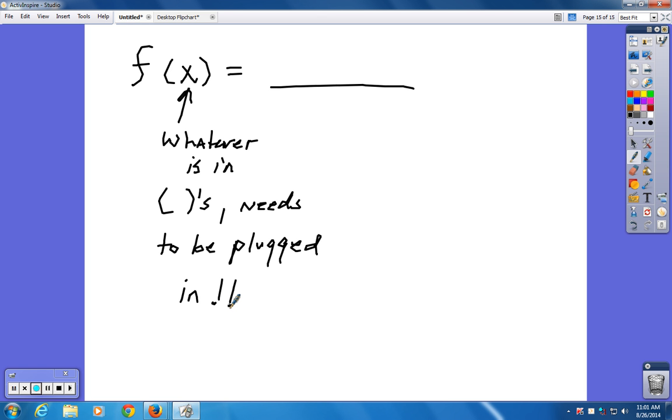Now you need to highlight that. You need to put a dot or a circle around it, or do something. I don't know if it's in the book. It's not written like this, I can guarantee you. Because this is a Hebraism. Whatever is in parentheses needs to be plugged in.